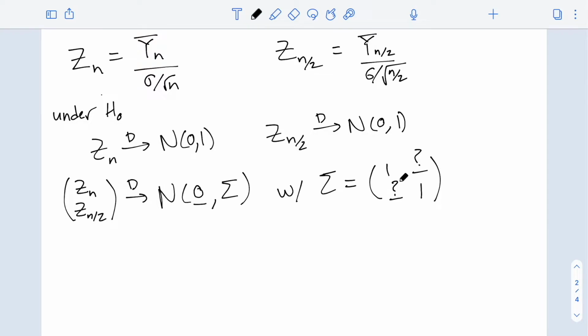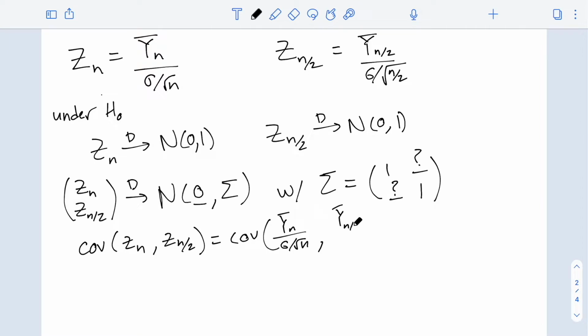So to identify what goes in these question mark boxes, what we're going to need to do is actually calculate the covariance between these two statistics. So the covariance of Zn with Zn over 2. And we're just going to write out actually what these things are. So this is the covariance of y bar n over sigma over square root n with y bar n over 2 over sigma over root n over 2.